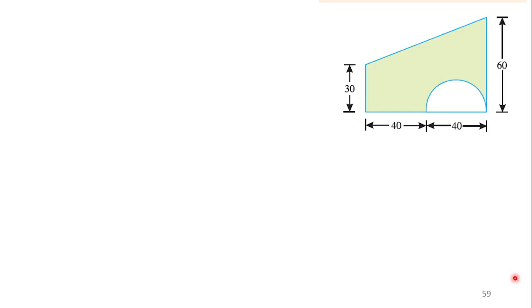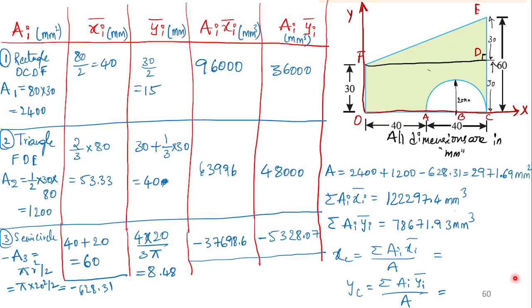Okay. So now you have this, there is a rectangle. To that top, you have a right angle triangle and you have removed a semicircle. Again I am telling you, you have a rectangle, you have a triangle and you have a semicircle. So we have taken out the reference axis here.